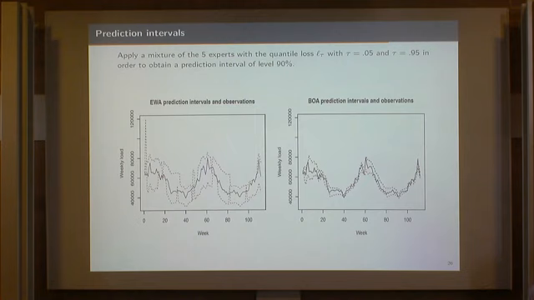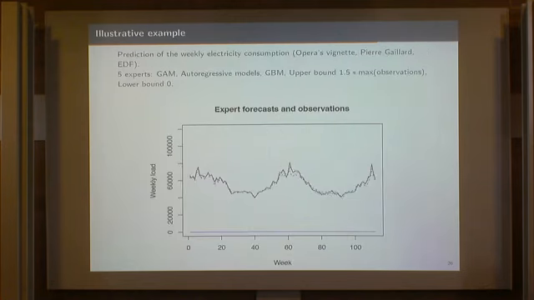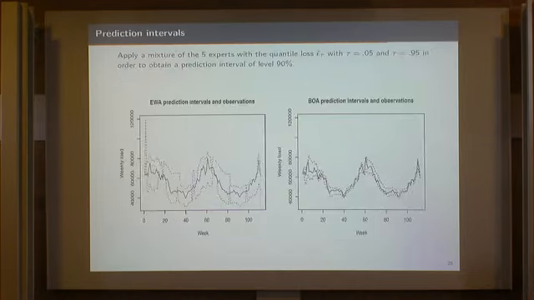So the only information except the 5 experts here, the only information they need is actually the tau, which is 0.05 and 0.95 in the loss. And then like that you can predict, thanks to 5 experts, as many probabilistic forecasts as you want by simply moving tau in a safe way.